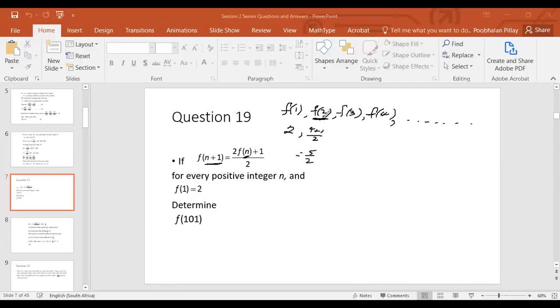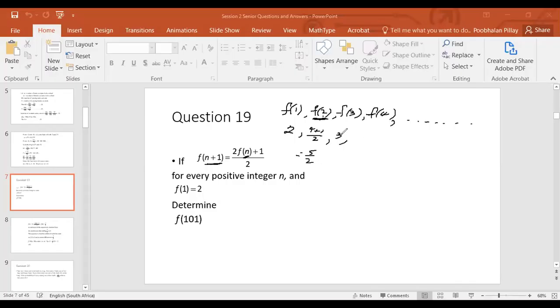Okay, so f of 2 is 5 over 2. Now f of 3 is double the previous one, add 1 to it. If you double this, you get 5, add 1 to it, you get 6, divide the answer by 2, answer is 3.